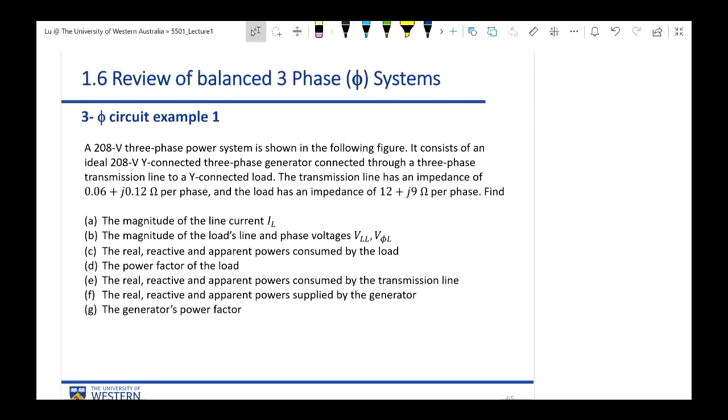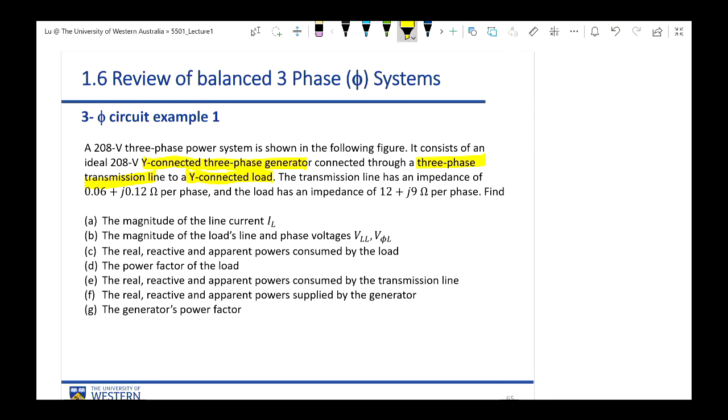It consists of an ideal 208 volt Y-connected three-phase generator, and another Y-connected load through a three-phase transmission line. Okay, these are the important keywords for this question.